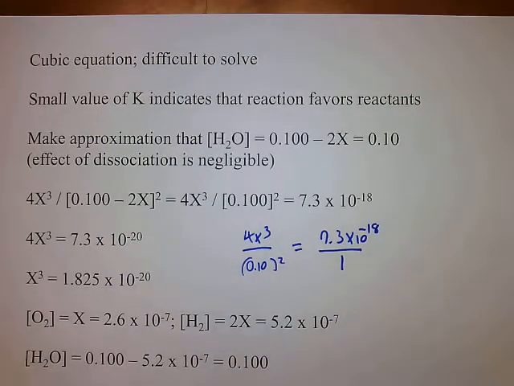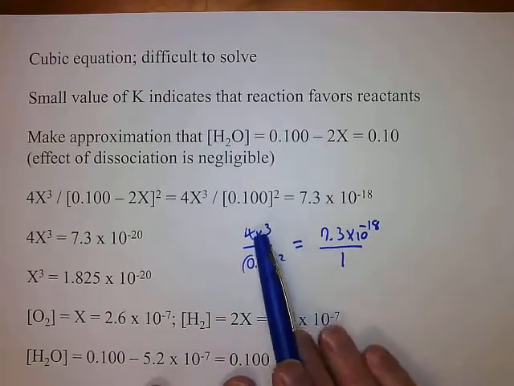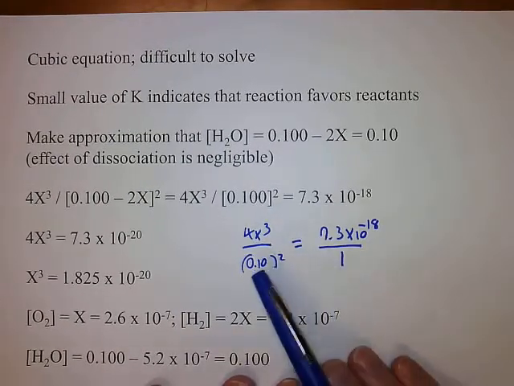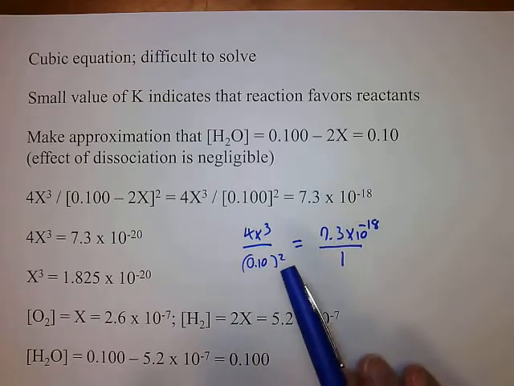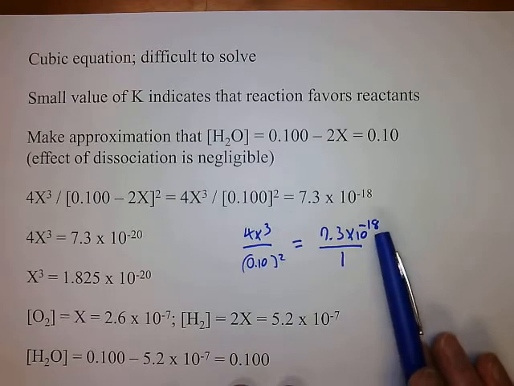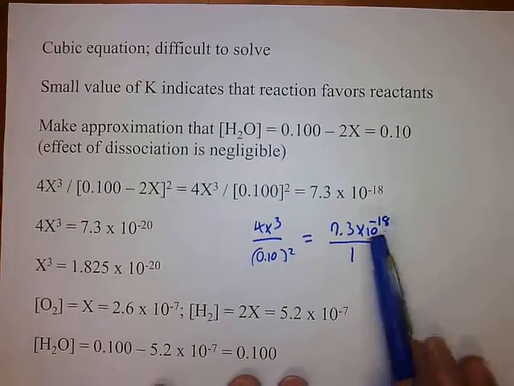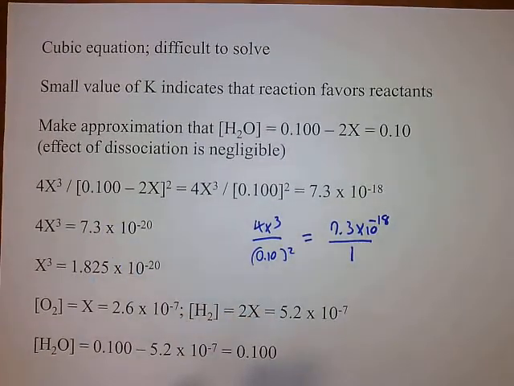Anything divided by 1 is the number itself. So now we can cross multiply. 0.10 squared is 0.01, times 7.3 times 10 to the minus 18th is 7.3 times 10 to the minus 20th. Divide by 4 and you get 1.825 times 10 to the minus 20th.